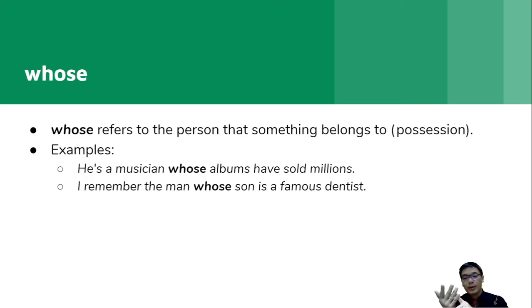And remember, when we want to decide which relative pronoun we want to use, take a look at the noun before the relative pronoun. Is it a person? Is it a thing? Is it a place? Is it a time? Or does it want to show possession? The man, son, okay, whose son?